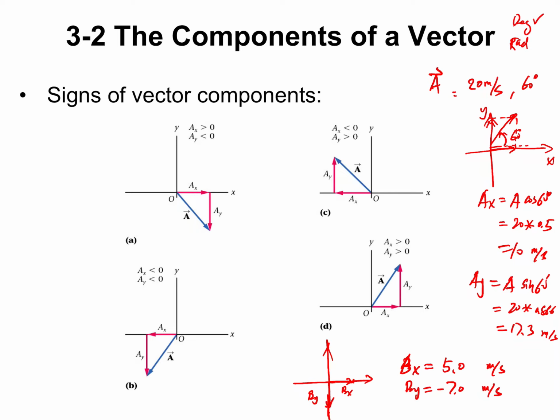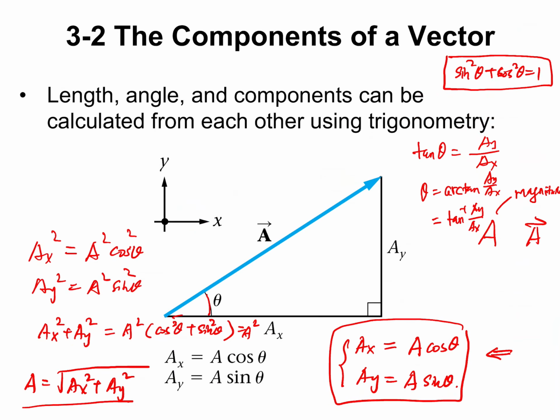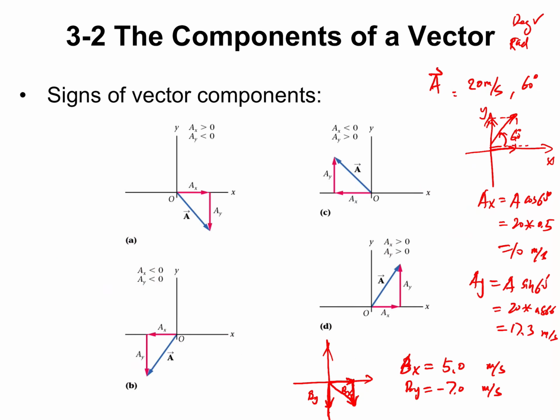B is made of Bx and By. This is B. You see that? So By here you can move in parallel to here. So you form a right triangle, right? So you have the x component and the y component, and you form a right triangle.